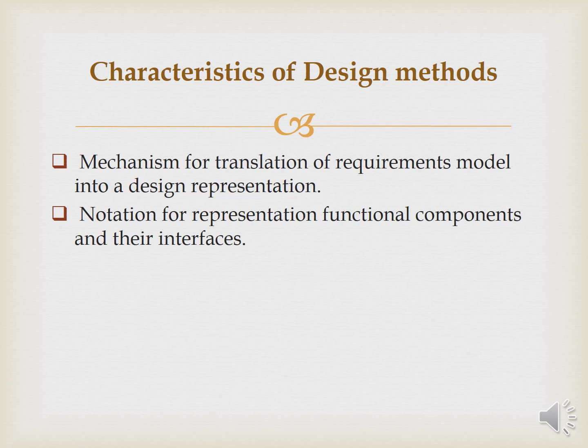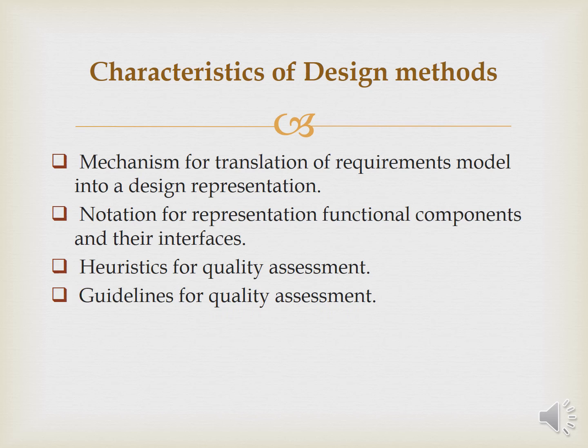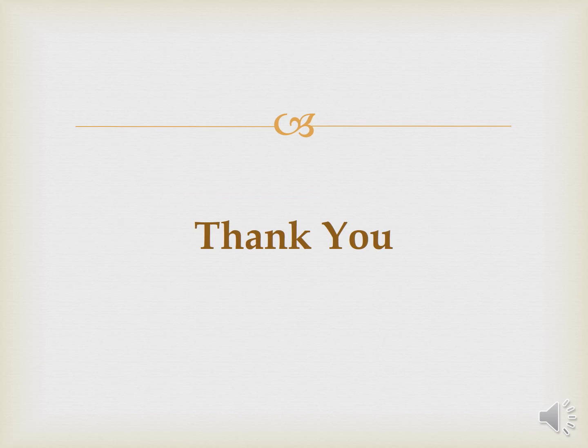Then the notation for representing functional components and their interfaces. Heuristics for refinement and partitioning are required. Guidelines for quality assessment, that is also one of the characteristics of your design method.